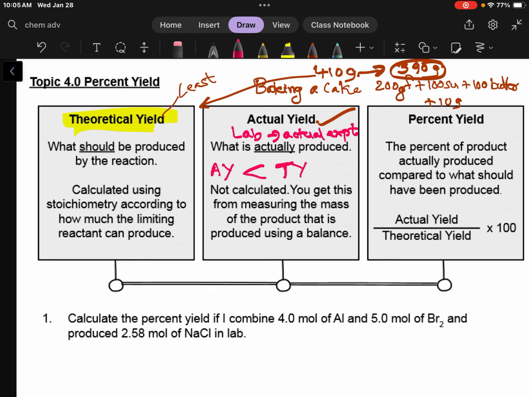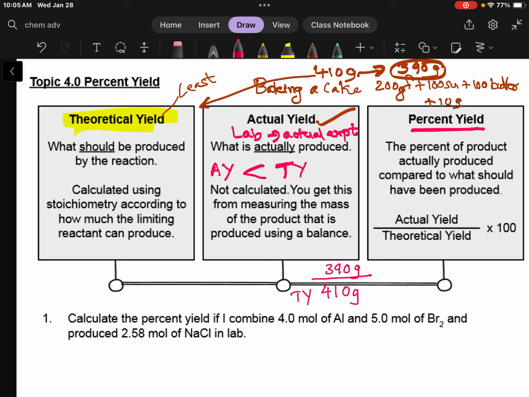So based on the value of the actual yield, you can calculate how much percent you yield. Basically when you bake the cake, you got only a cake weighing 390 gram. Your mom expected you to make a cake weighing 410 gram.